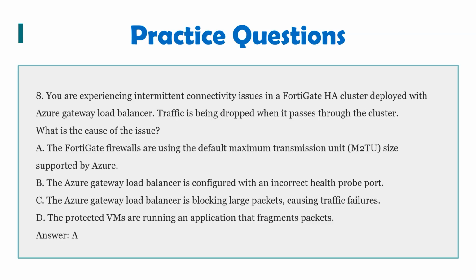B. The Azure Gateway Load Balancer is configured with an incorrect health probe port. C. The Azure Gateway Load Balancer is blocking large packets, causing traffic failures. D. The protected VMs are running an application that fragments packets. Answer: A.